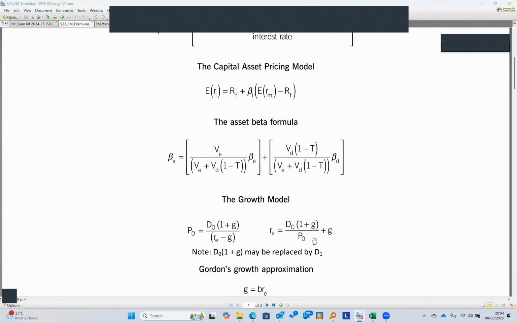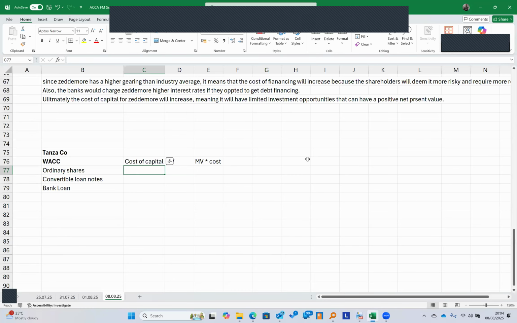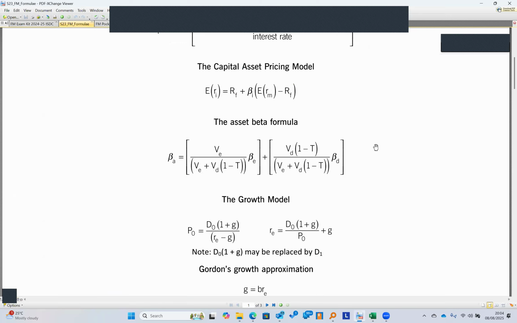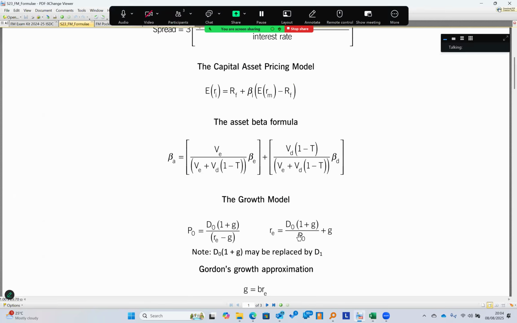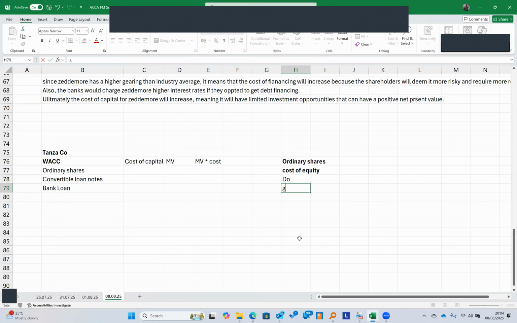Now, so for this, let us work out the cost of equity. So we are going to use this formula. So we will need D naught, we will need G, and P naught.